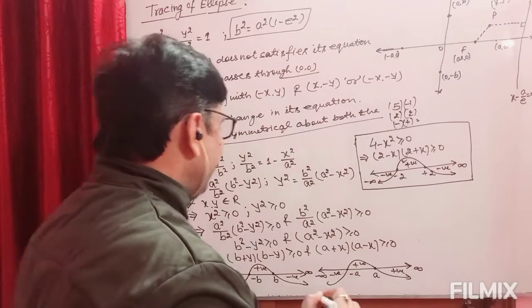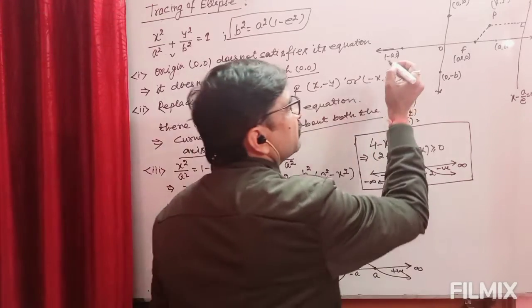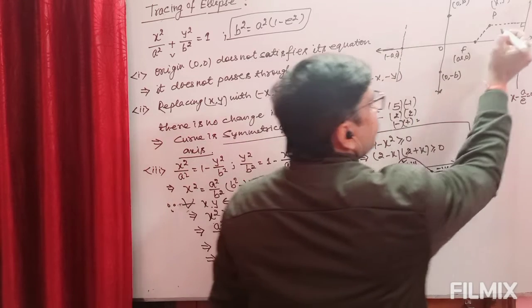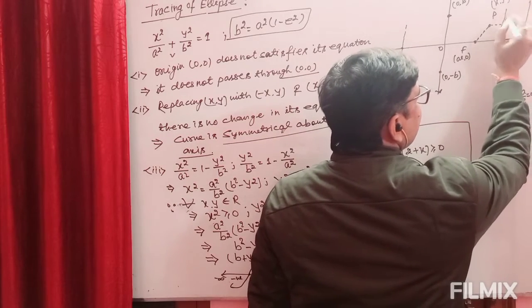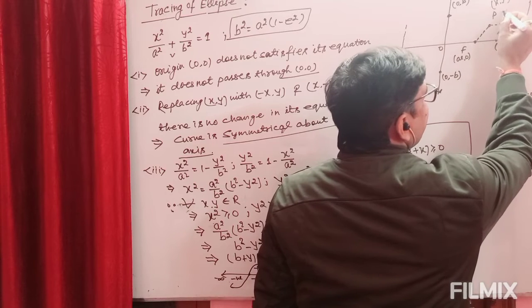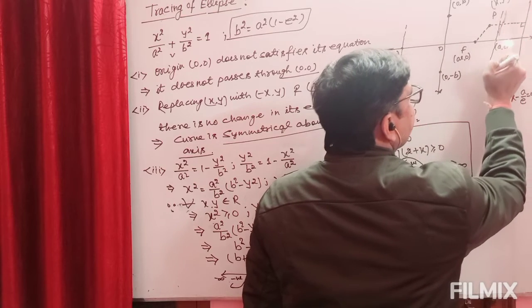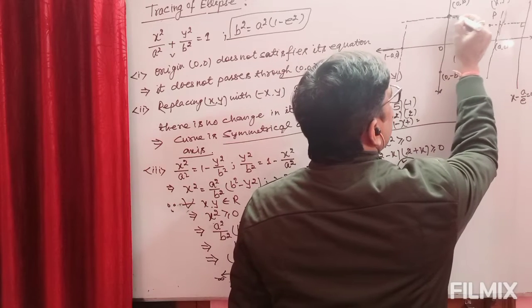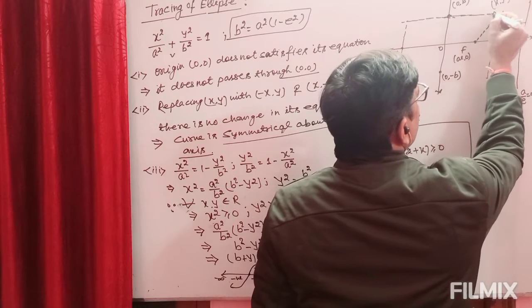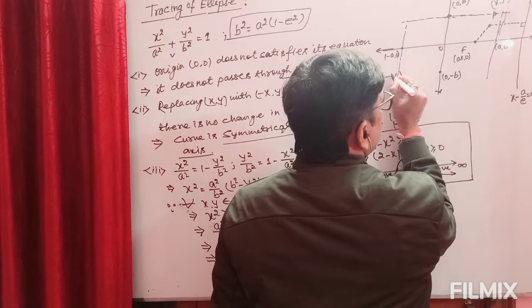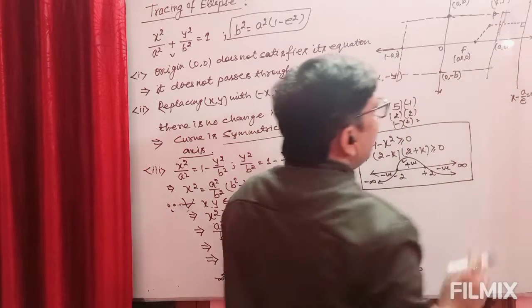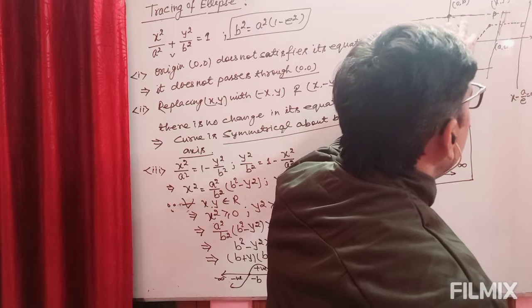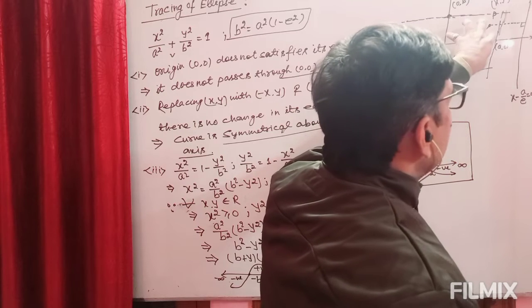Now the variation of x is from -a to +a, and the variation of y is from -b to +b. It means that the curve does not cross this quadrilateral.